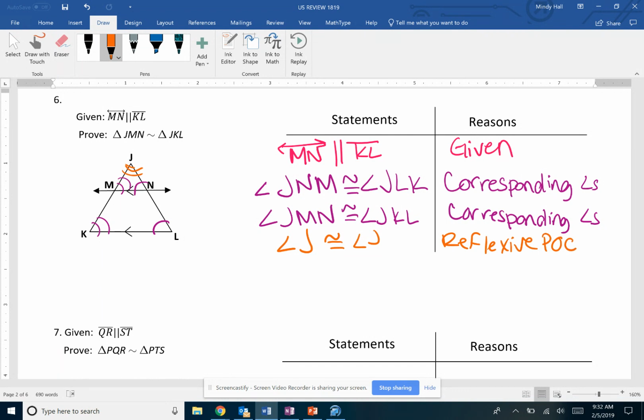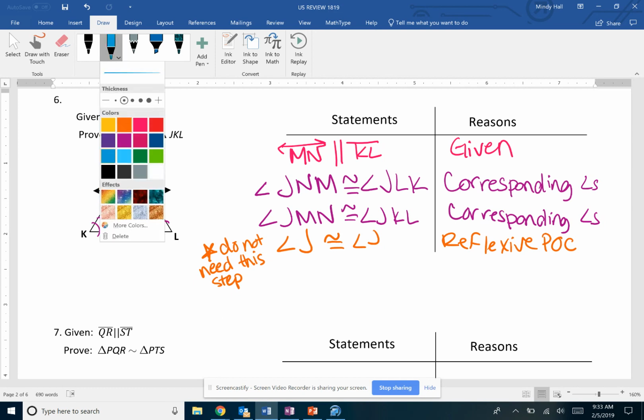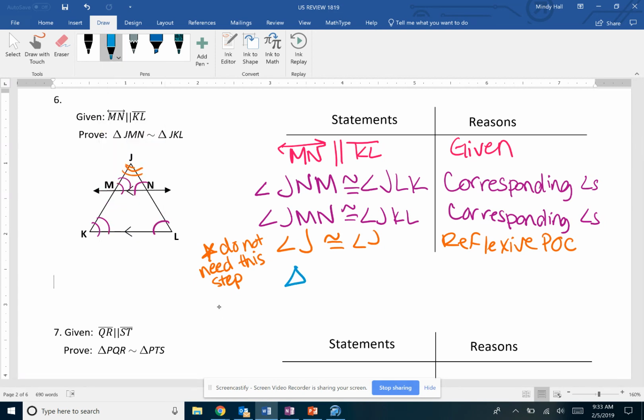I will say that you do not need to include this step unless you haven't used the other, because you already have your two angles proven that they are congruent, so you don't really have to worry about it. But for some people, it's not a bad idea just to have the extra. So we have triangle JMN is similar to triangle JKL because of angle-angle similarity.